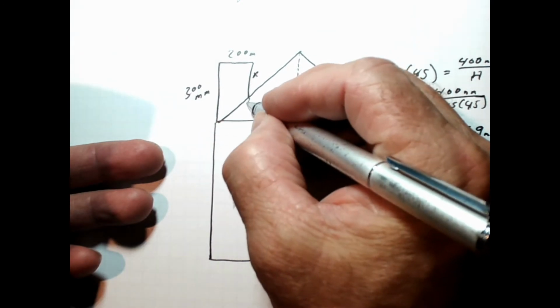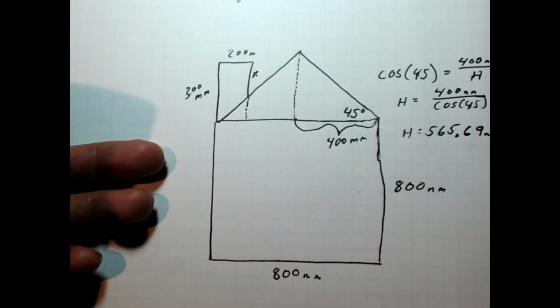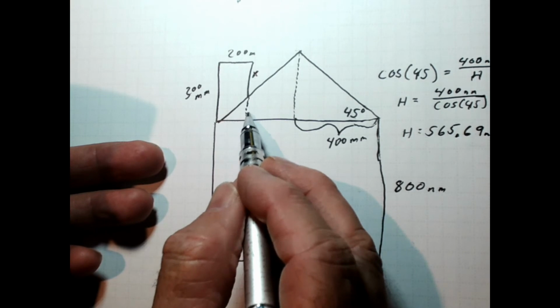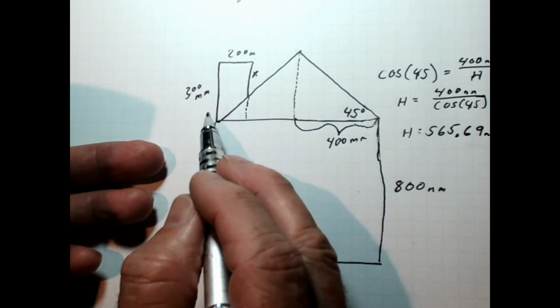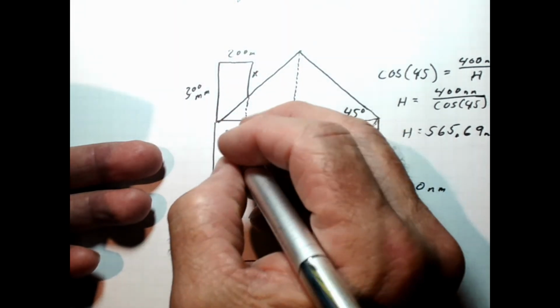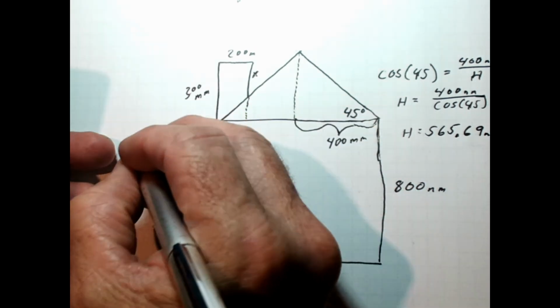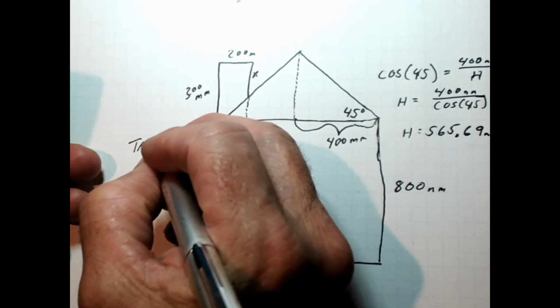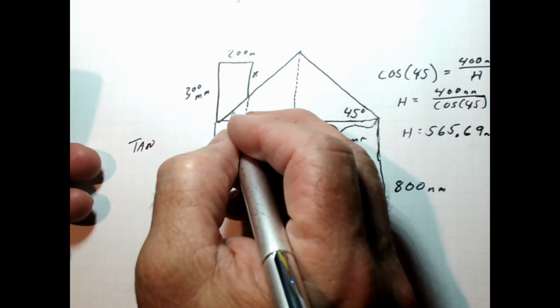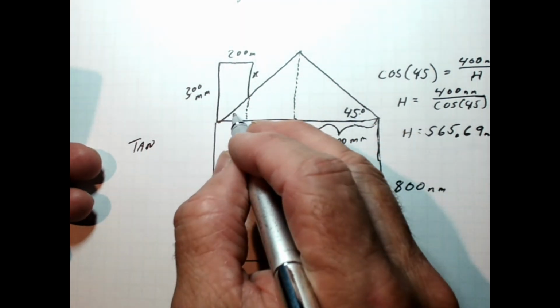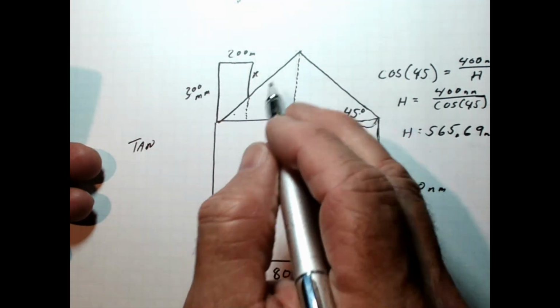So I can find this height right here of this right triangle and subtract it from 300. Okay, so on this one, we're going to have the tangent, and if this side's 45, this side's also 45, so it's 45, 90, 45.